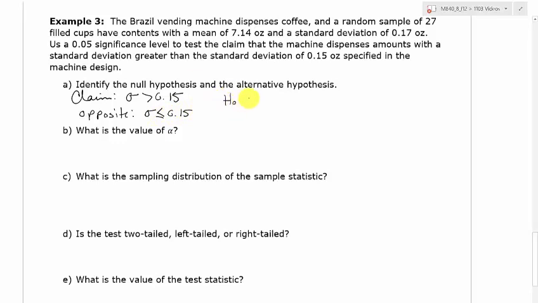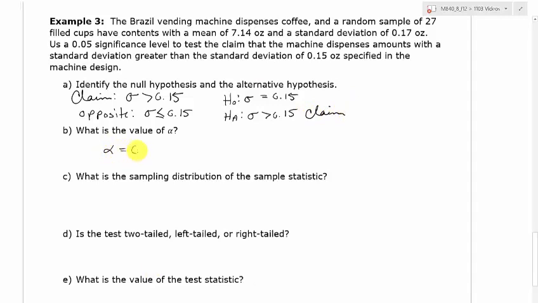The null hypothesis is always going to be equals, so the standard deviation is equal to 0.15, and then the alternative is the one that doesn't contain an equal sign, so that would be greater than. Sigma is greater than 0.15. And also make a note that this is your claim.